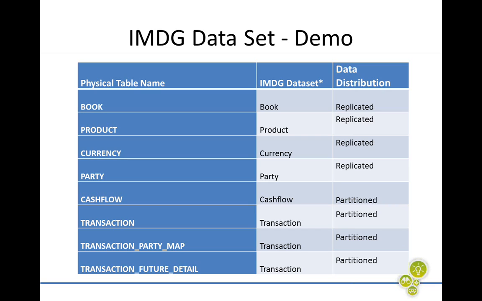Most of our static tables have one-to-one mapping, and our transactional tables are mapped based on various groupings. For example, if you look at the bottom three tables, transaction, transaction party map, and transaction future detail, they're all mapped to one single object on the IMDG side.